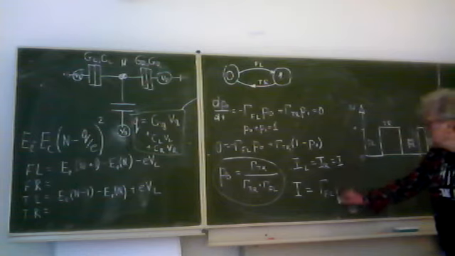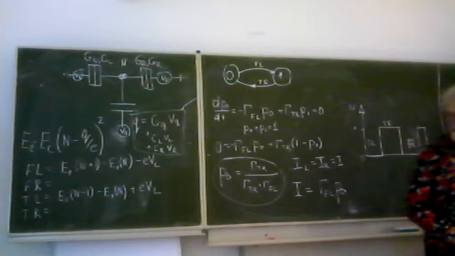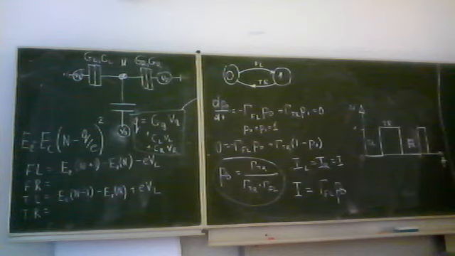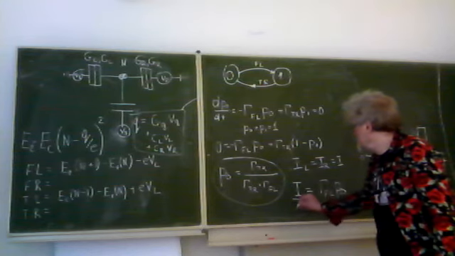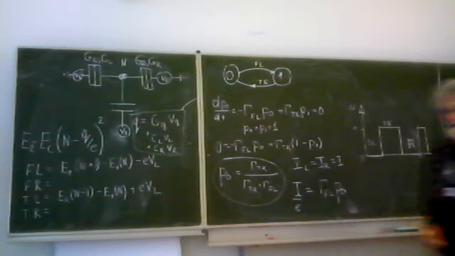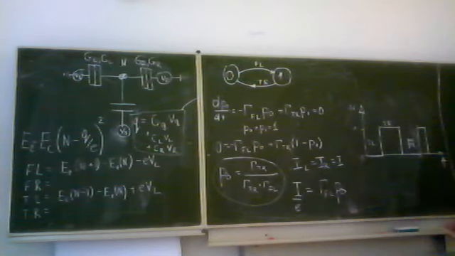So I have to multiply it with P naught. Electric charge must come somewhere. Okay, it's current divided by the number of electrons transferred per unit time.